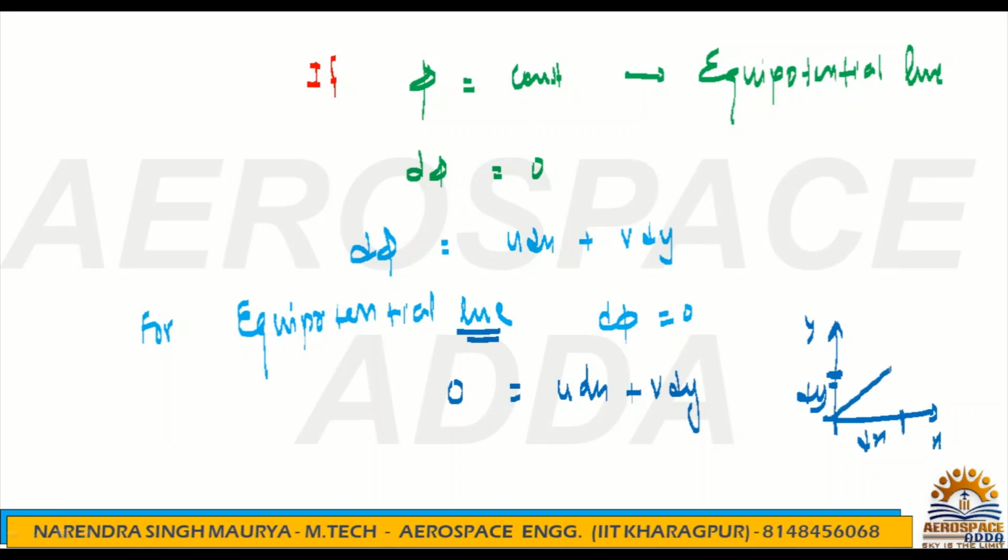If I say this angle is theta, then tan theta is nothing but dy by dx. This dy by dx is called slope, which is denoted by m.